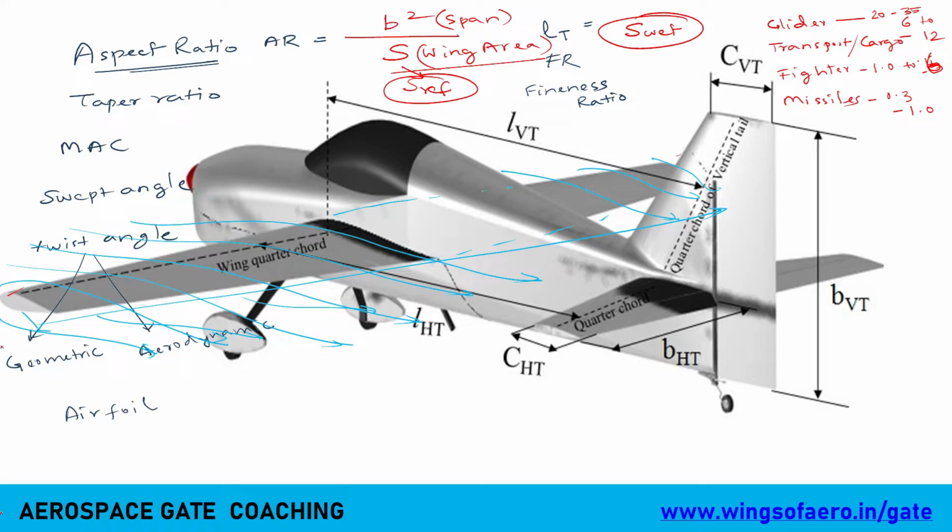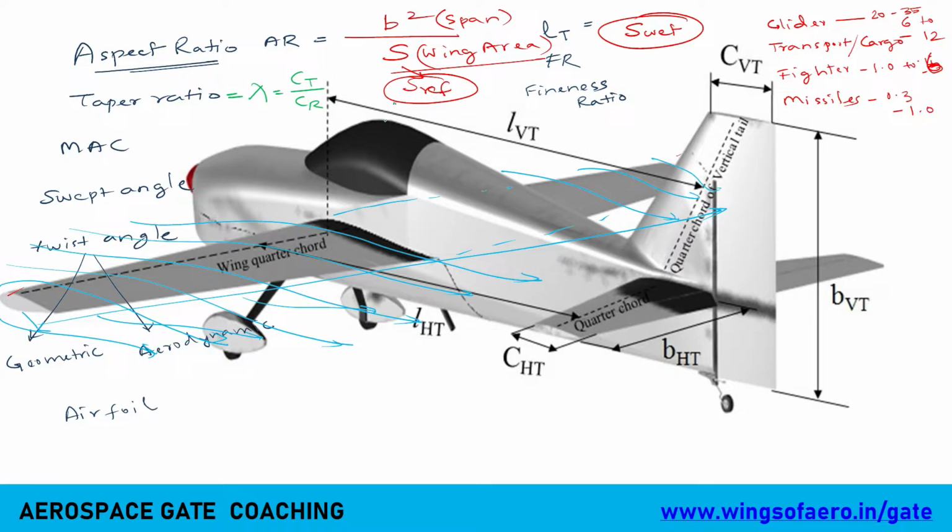Then comes a very important factor, the taper ratio. What is taper ratio? It is mathematically termed as lambda, Ct by Cr: tip chord upon root chord. Very good. Tip chord upon root chord.